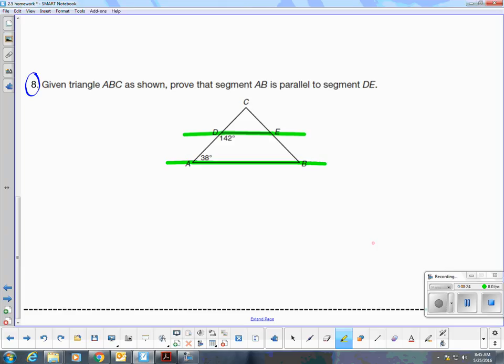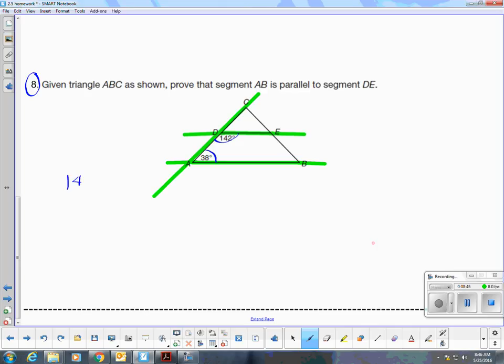And those two lines are cut by a transversal. If I can show that these two angles are supplementary to each other, because they are same side interior angles, then I can say that those two segments are parallel to each other.